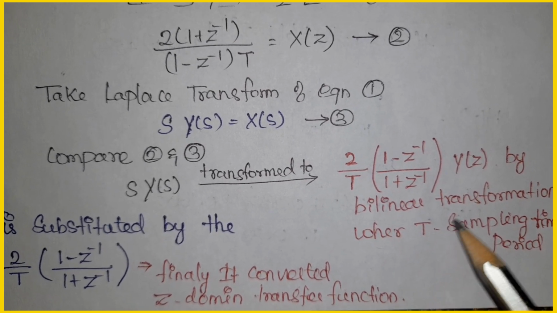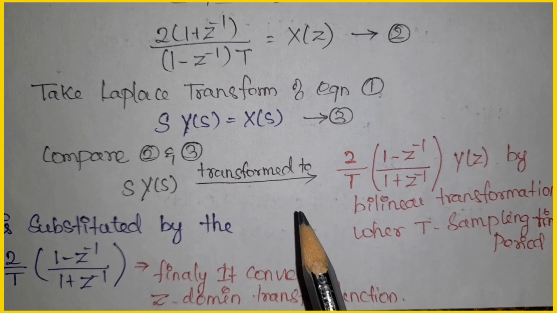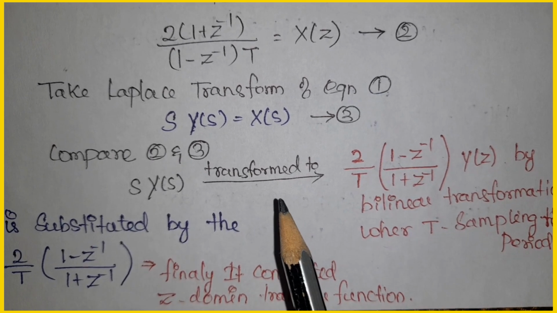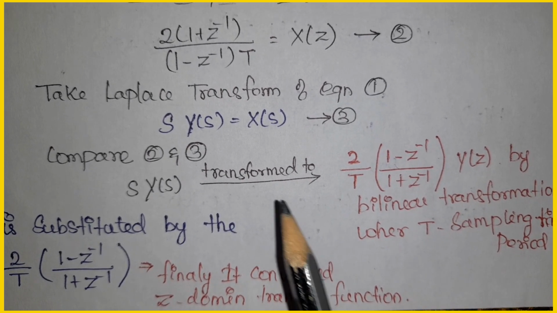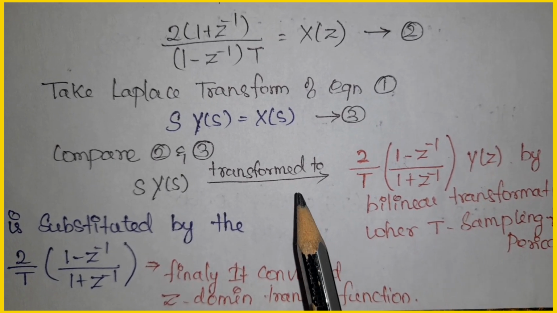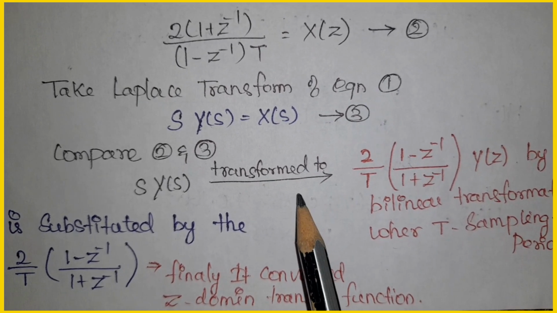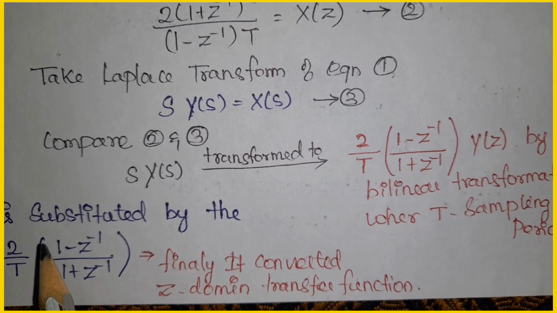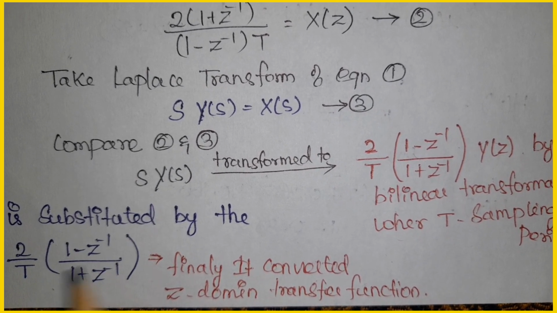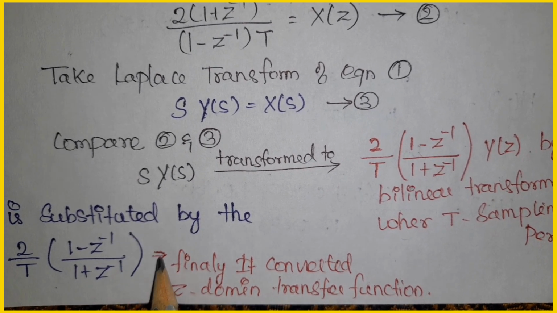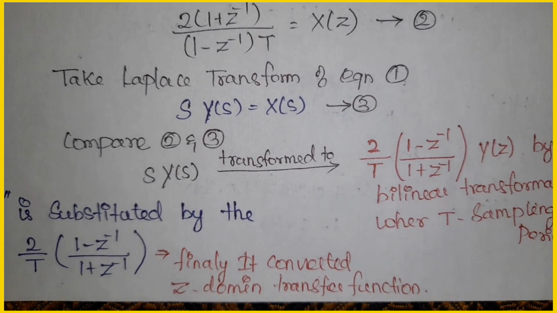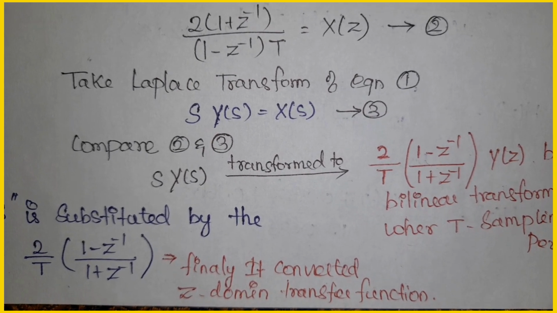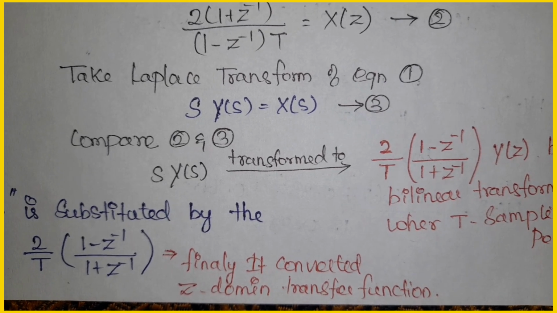So from this equation we get only one condition. If the question is bilinear transformation, we have to substitute s in terms of 2 by T (1 minus z power minus 1) divided by (1 plus z power minus 1). So let us see one problem, and then you will get clear ideas.